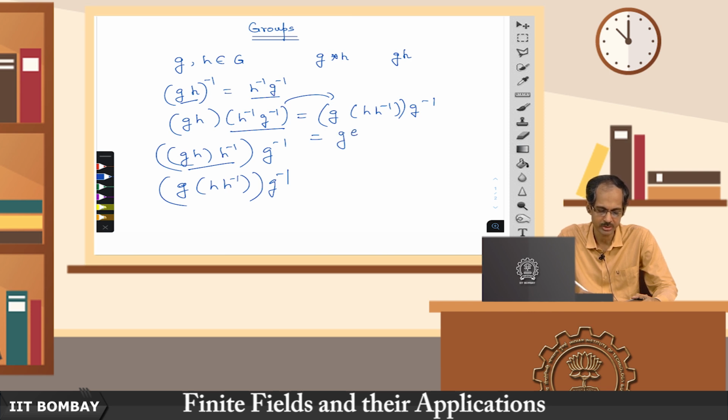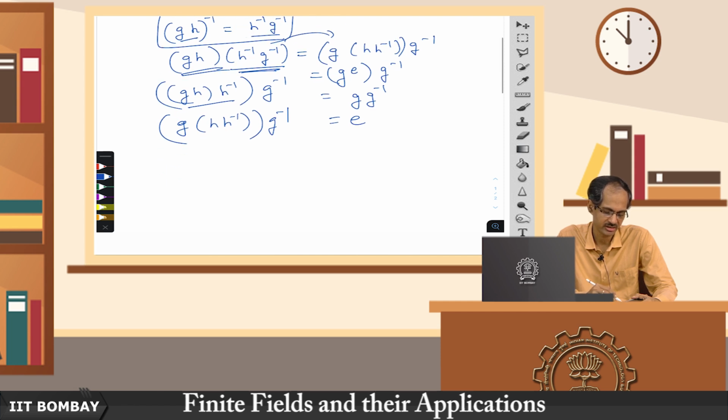Ideally it should be written this way. So, G times the identity element E times G inverse, which is G times G inverse, which is the identity, right. So, this means that this is the inverse of GH.